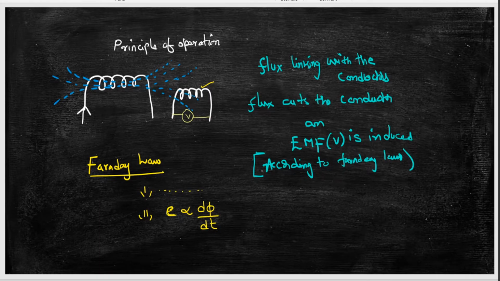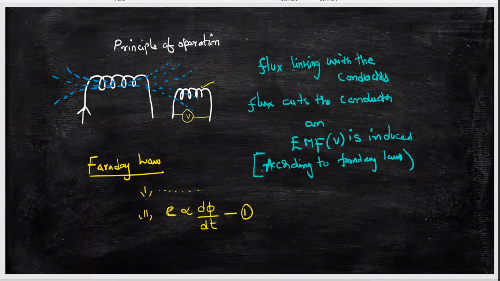That is given by this equation. So by this equation, what you are going to conclude is that whenever you make the conductors cut this flux, EMF is induced in the conductor, and that EMF is proportional to the rate at which this flux is linking with the conductors.